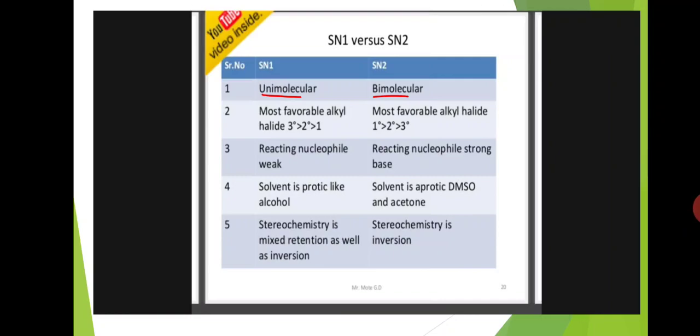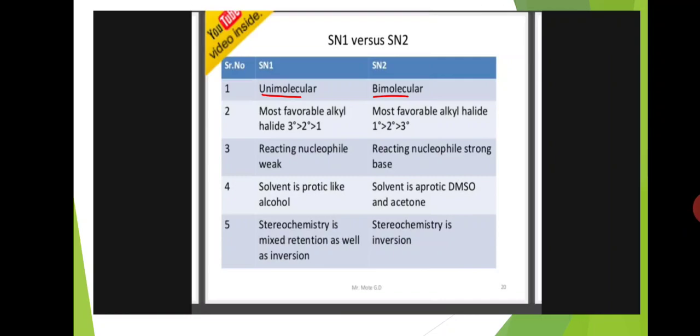The SN1 solvent is protic like alcohol, and the SN2 solvent is aprotic. Aprotic means polar solvents, and protic here means non-polar solvents. The stereochemistry in SN1 is a mixture of retention and inversion, but in SN2 the stereochemistry is inversion.